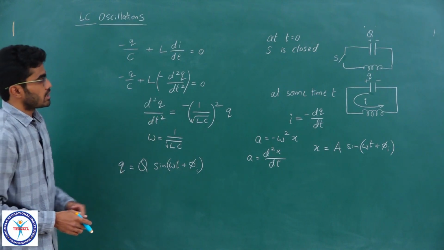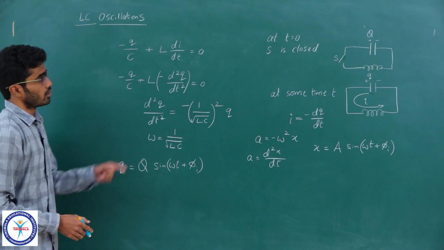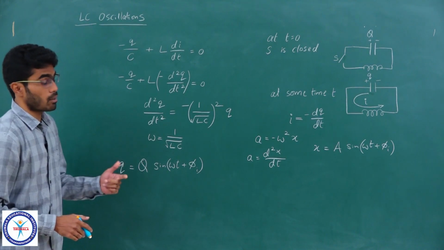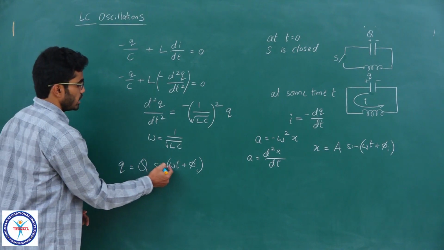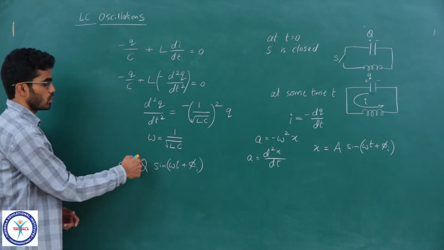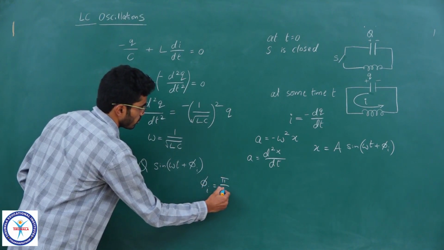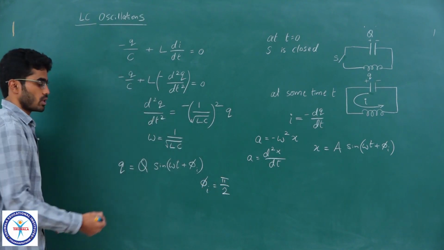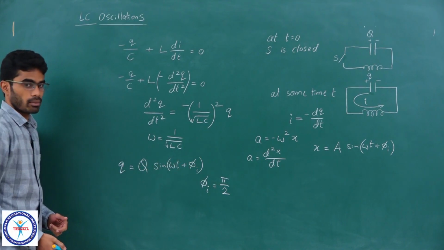So for our case, let us reduce this equation even further. At t equals 0, we have the charge on the capacitor capital Q. It is the maximum value. So for t equals 0, this expression should give you capital Q. That implies phi i should be pi by 2 here. So at t equals 0, our initial phase for this equation will be pi by 2.